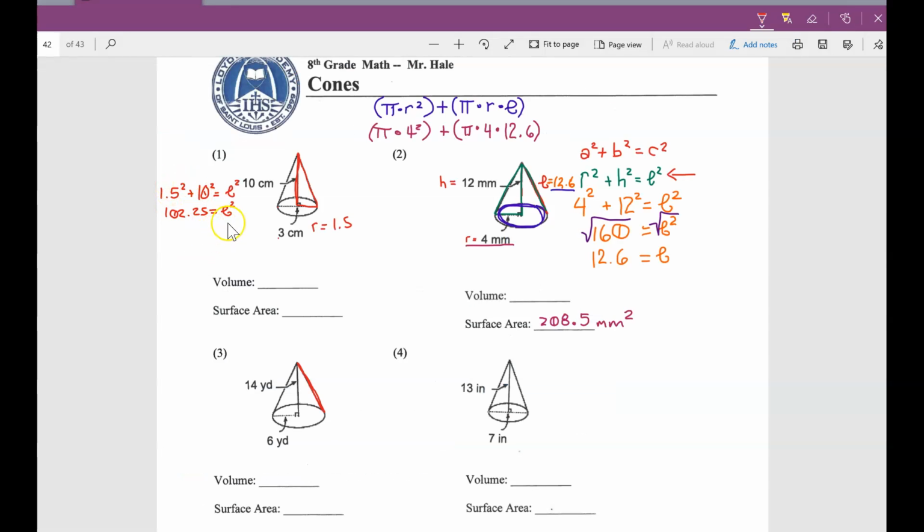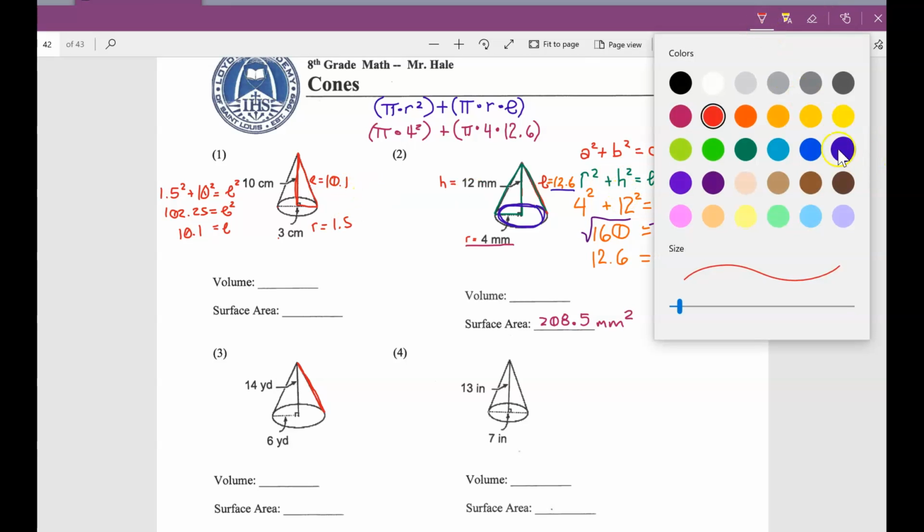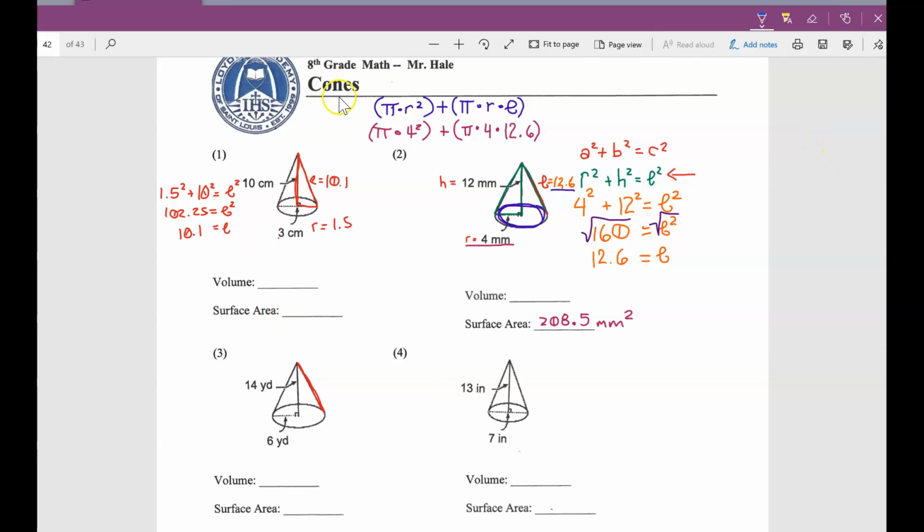So we know that our slant is the square root of 102.25. Square root of 102.25 is 10.1. So we now know that our slant, it's a terrible drawing, but you know what I mean, is 10.1. Now that we have that information, we can put it into our formula and find our answer.